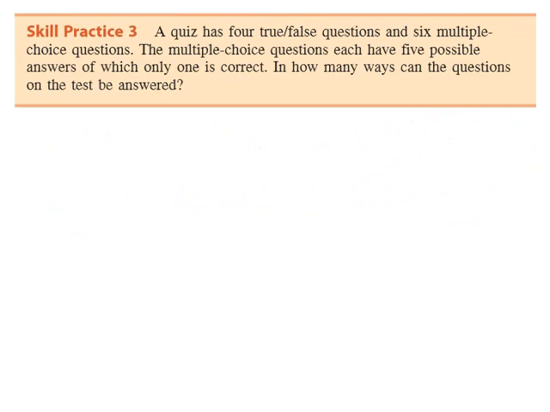Now I'm showing you so many examples because sometimes this is a little challenging to wrap your head around, and I want to make sure that you have a good understanding. So please pause this and see if you can answer this one correctly. A quiz has 4 true-false questions and 6 multiple choice questions. And the multiple choice questions have 5 possible answers. So I want to find how many ways the questions can be answered.